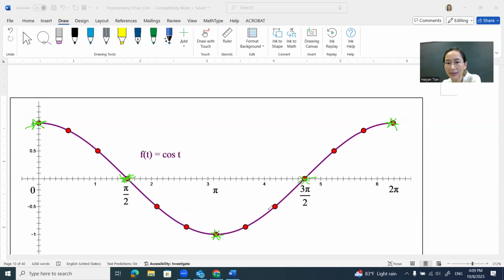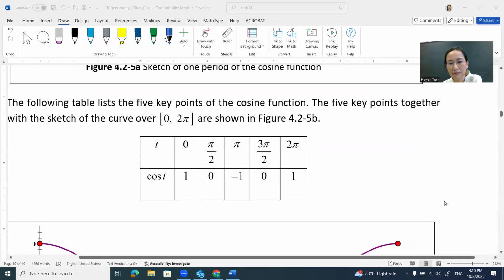So if we can show the 5 points and based on our knowledge of cosine curve, we can already sketch the cosine curve. So let's use 5-point approach to just show the minimum, maximum, and x-intercepts. So here is the 5-point.